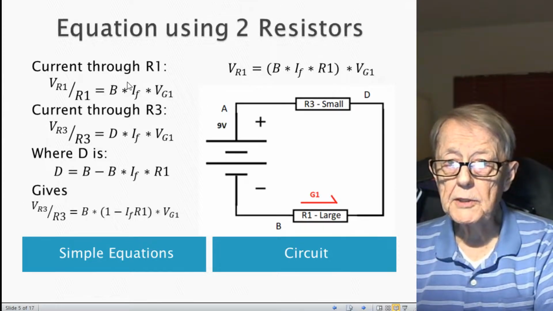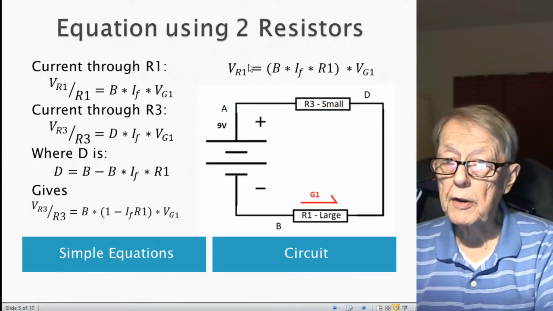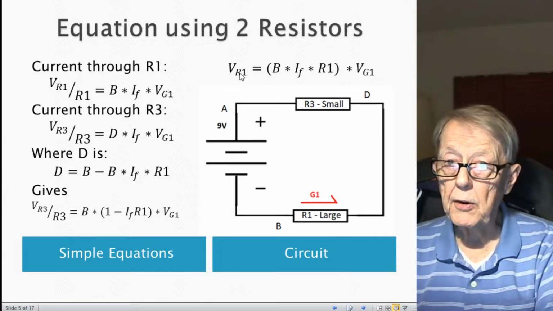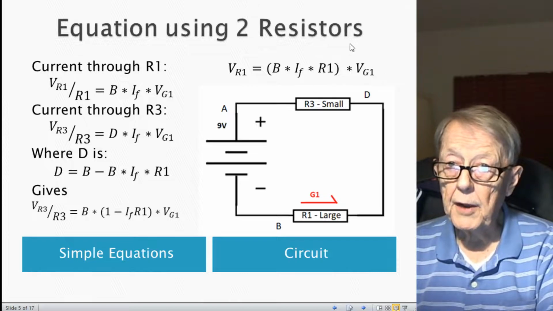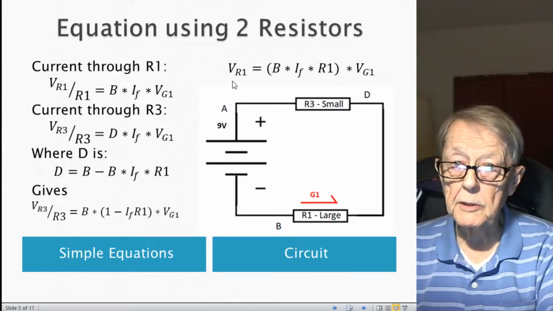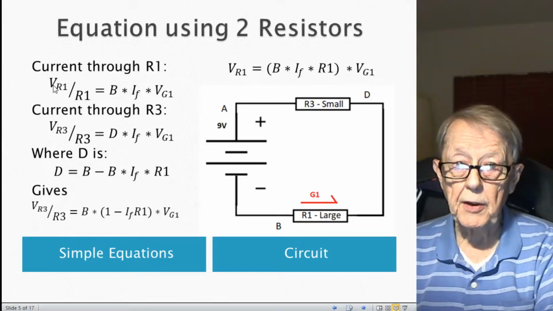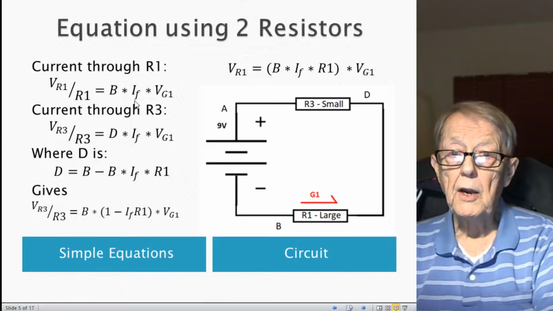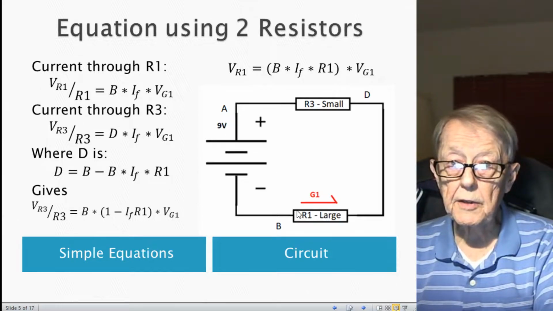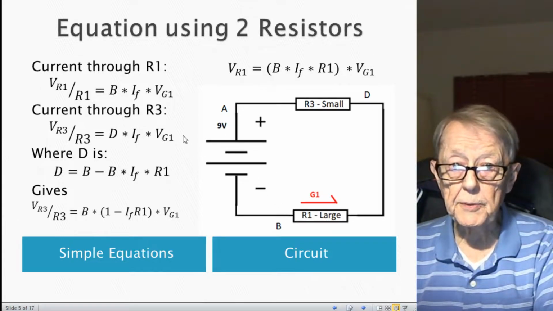What I did was solve for current using the same equation. If you want current, you divide V sub R1 by R1, and the R1 disappears here and appears over on the left side, so you get V R1 over R1 equal to B I_F V_G1. That's the current through this resistor.